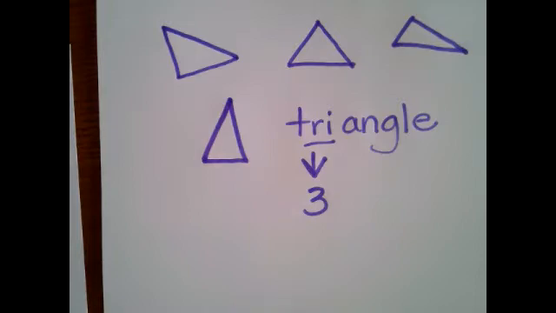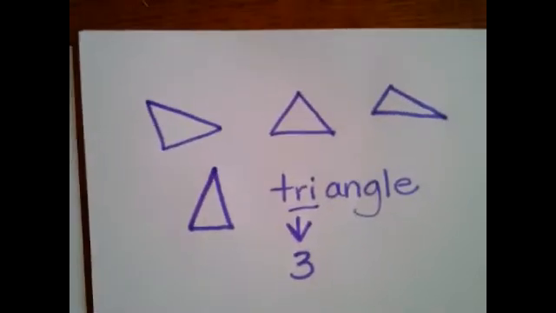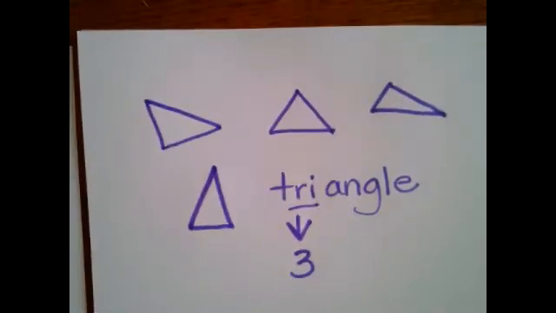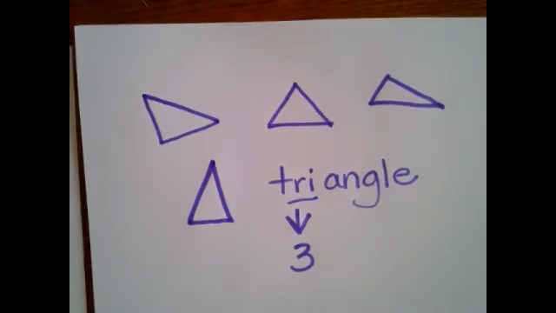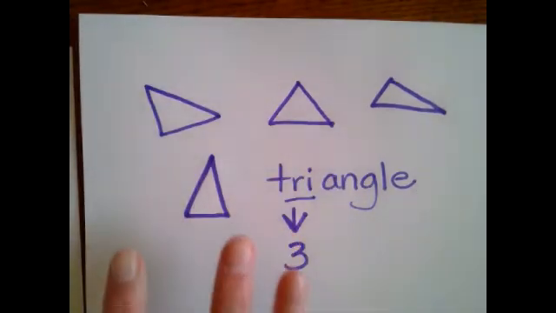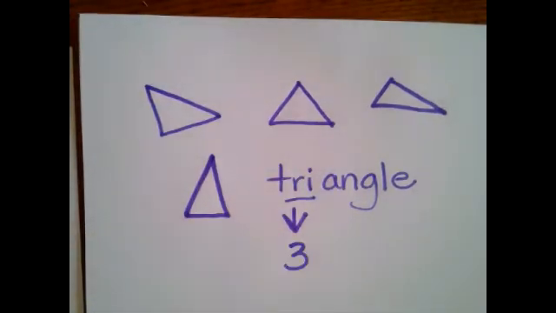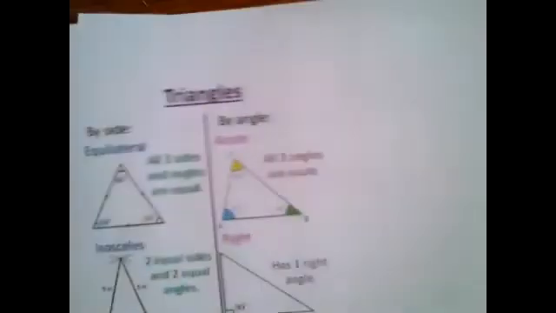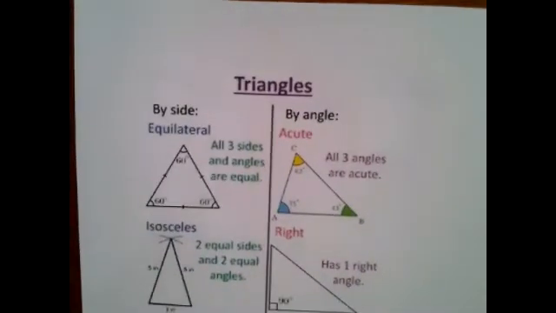A triangle, so all of these that you see here, has a very specific name. And we can decide what the name of these triangles are based on two different things. So there's two categories of triangles.